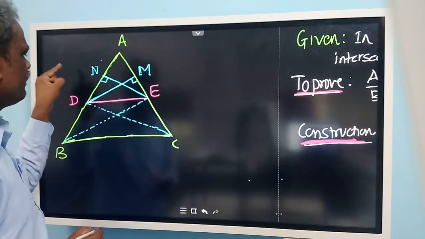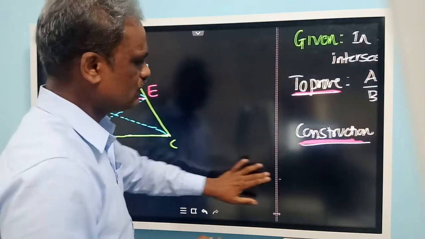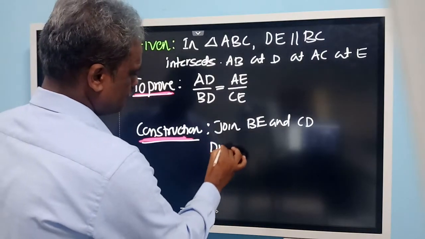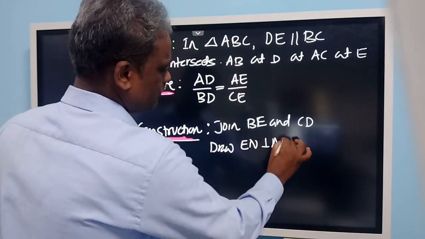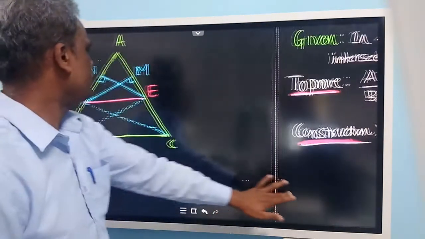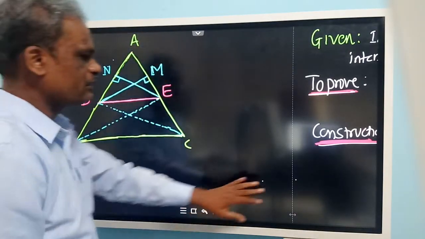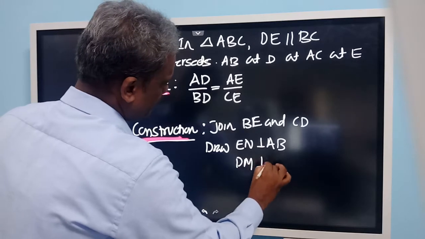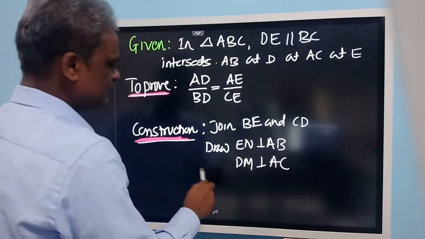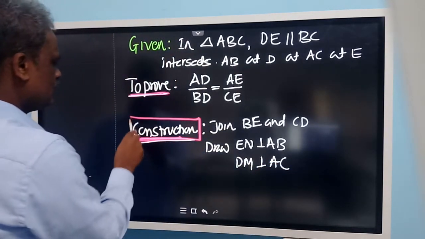Later, draw EN perpendicular to AB, and then another perpendicular line, DM perpendicular to AC. So this is the additional work we have done, the construction.